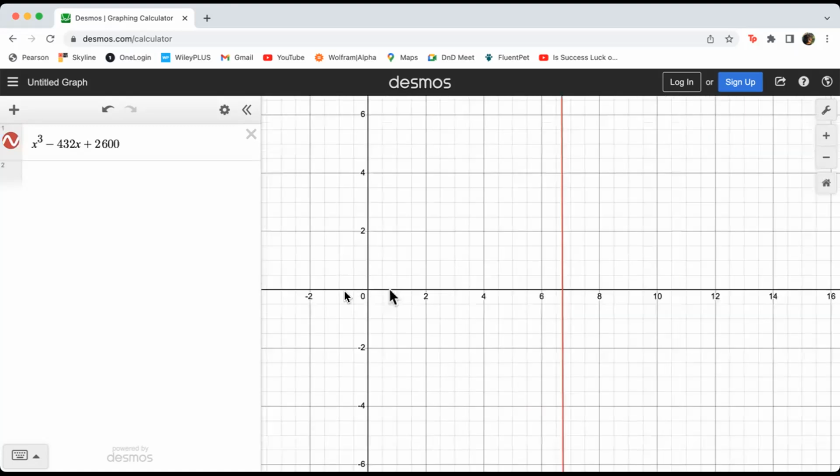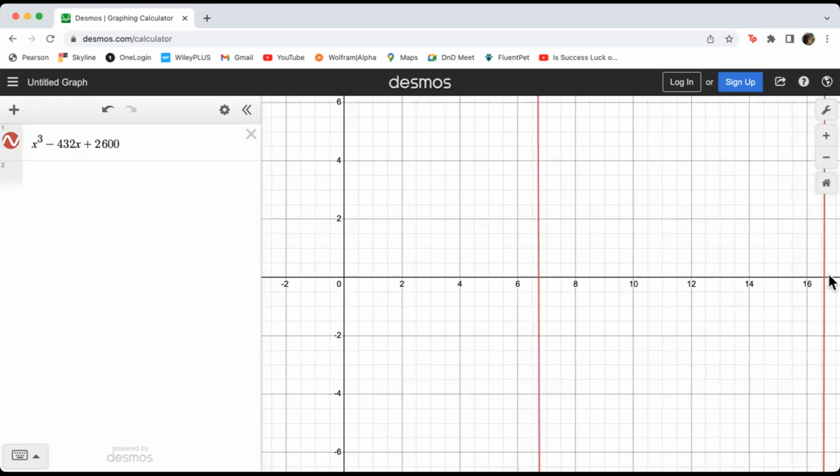And lucky us, there is only one. The next zero is way out here at past 16, and we can't have a depth of water at 16. So we just need this one. There's the 6.721. Any questions?